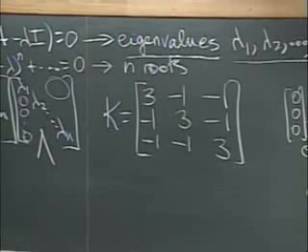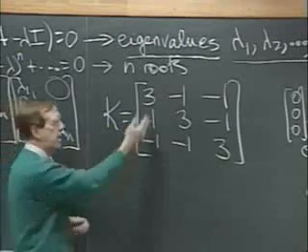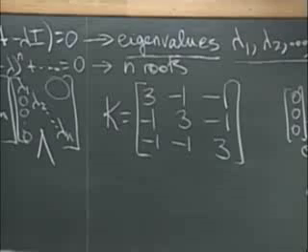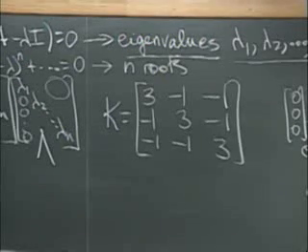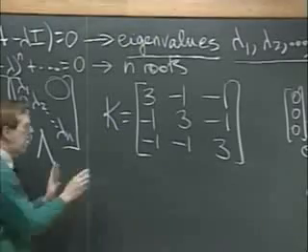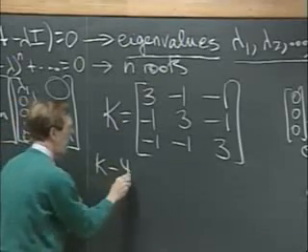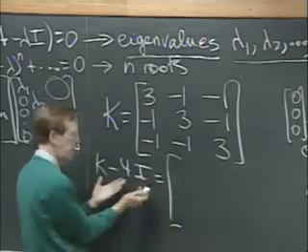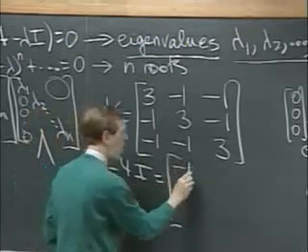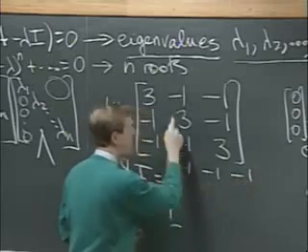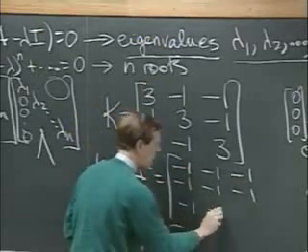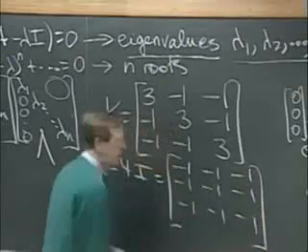And I think you can tell me one number that I could subtract from the diagonal that would make the matrix singular. If I subtract 4 from the diagonal, so K minus 4I would be what? If I took 4 from the diagonal, so you see we've shifted the matrix by 4, then the 3's become minus 1s, and you see we have a matrix which is quite singular.